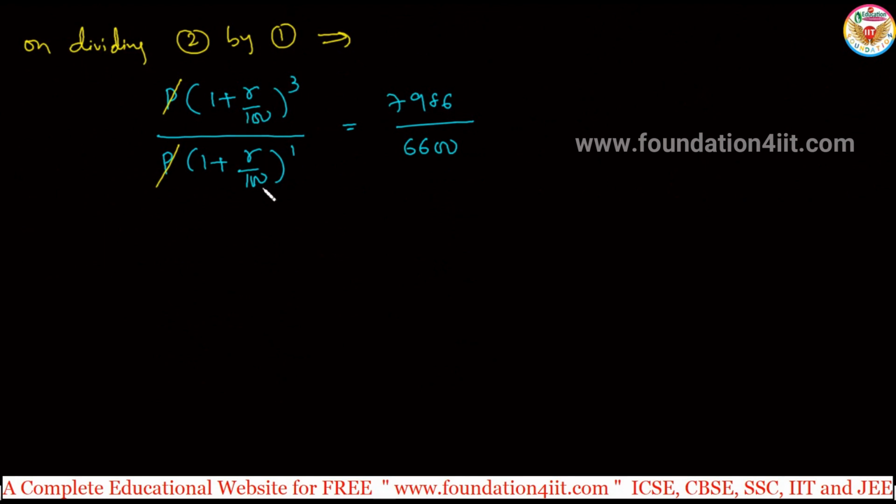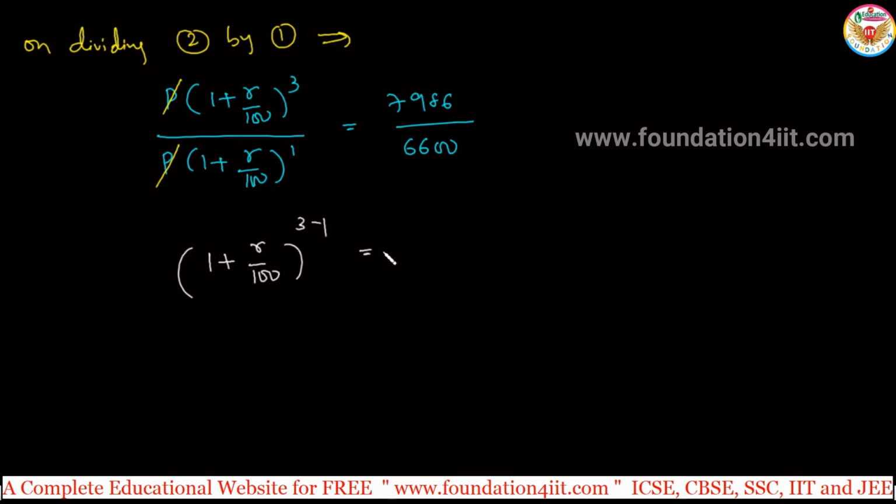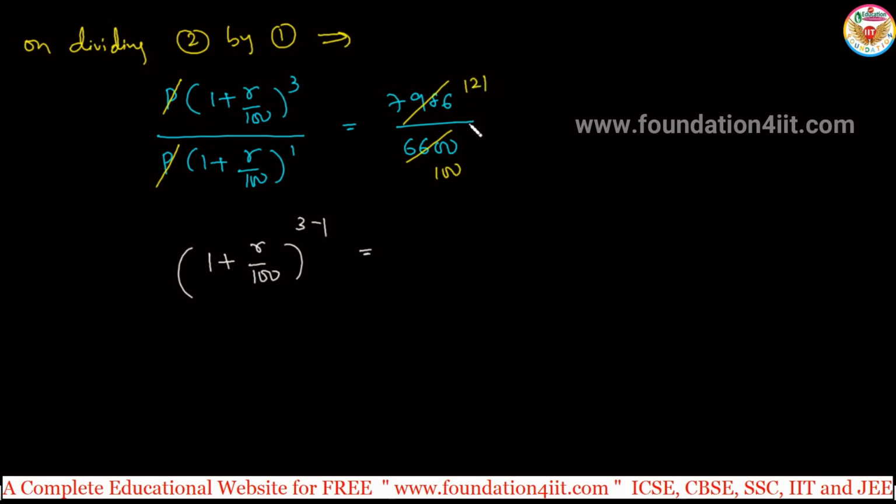Now the remaining, we can simplify to get the R value. So a power m by a power n formula: 1 plus R by 100 whole to the power 3 minus 1. Okay, 7986 by 6600 can cancel with the 66 table. Finally after simplification we get 121 by 100 on the right side.